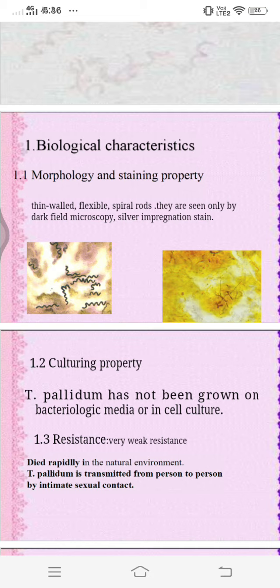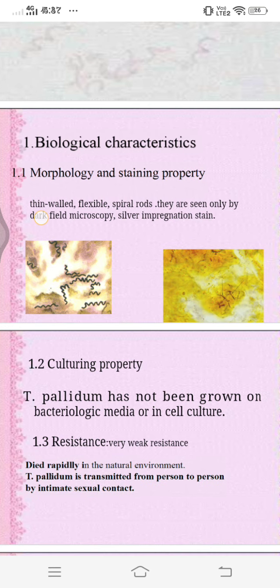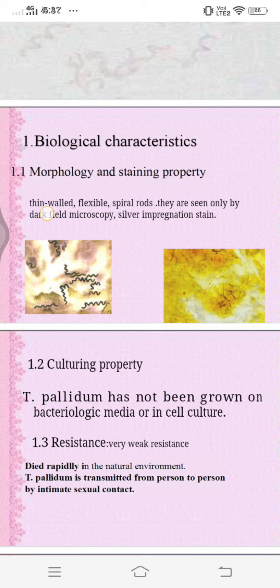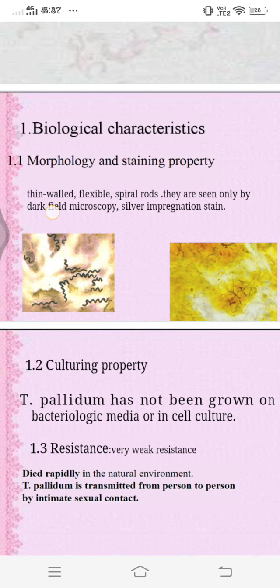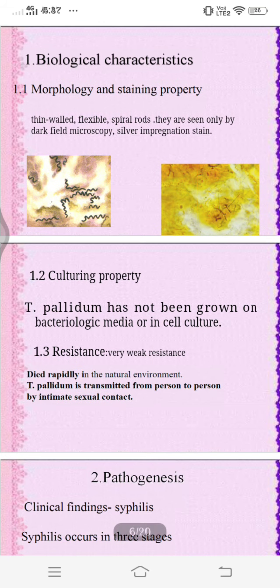Hence, transmission of syphilis can be prevented by storing blood for 4 days in the refrigerator before transfusion. They are also inactivated by common soaps and antiseptics. Regarding culturing property, T. pallidum has not been grown on bacteriological media or in cell culture. Resistance is very weak, it dies rapidly in the natural environment, and it is transmitted from person to person by sexual contact.